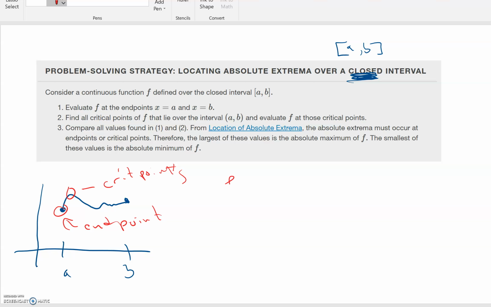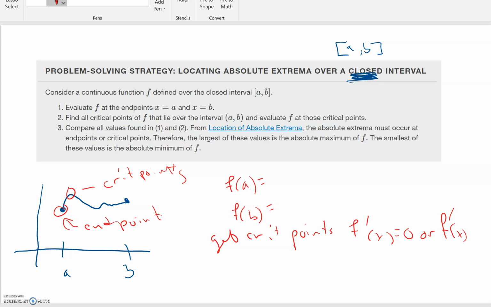Well, that's fine. So we evaluate f at a and we evaluate f at b and we figure out what that is, and then we get the critical points by looking at when f prime of x equals 0, or f prime of x is undefined.